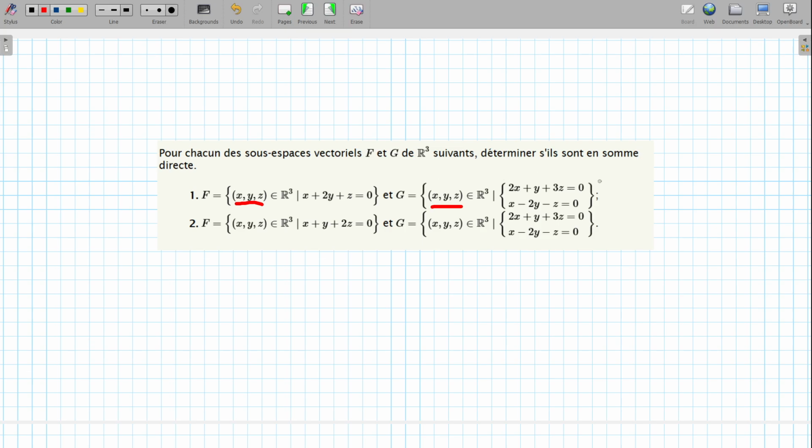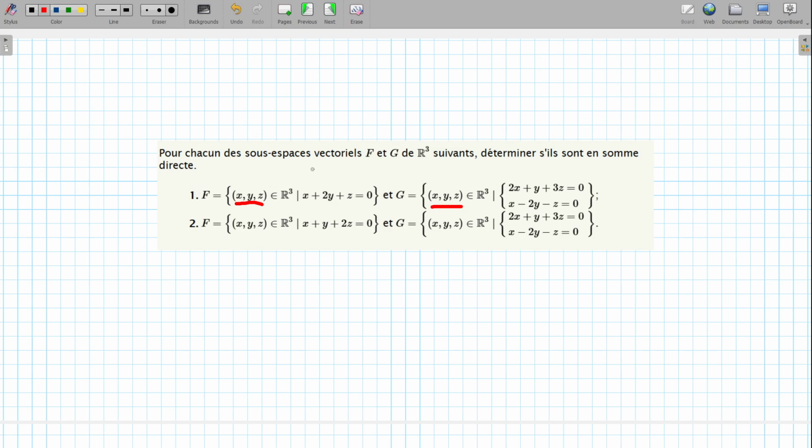You check, you find that it's the same thing for G. But for G, we have two equations to satisfy. So if you plug in your 0, 0, 0 in these two equations, you get that the sous-espace G is going to be non-empty, right? And then you can also prove stability by addition, which I believe is very easy, and stability by scalar multiplication. That is for F and for G.